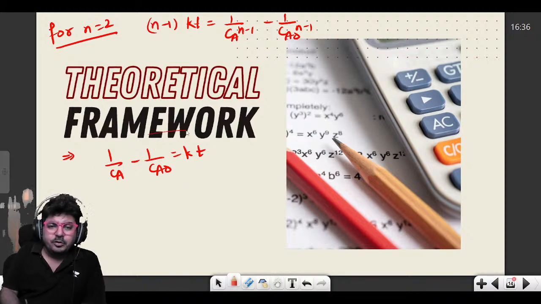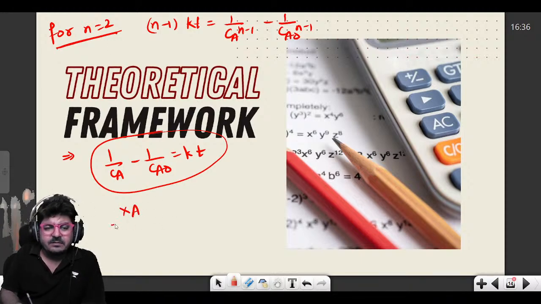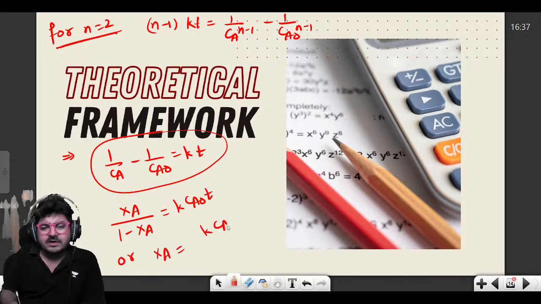Okay, and this is the kinetic equation for second order reaction. If you put the value of Ca in terms of conversion, it will become Xa upon 1 minus Xa equal to K Ca naught into T. Or you can say Xa is equal to K Ca naught T upon 1 plus K Ca naught T.